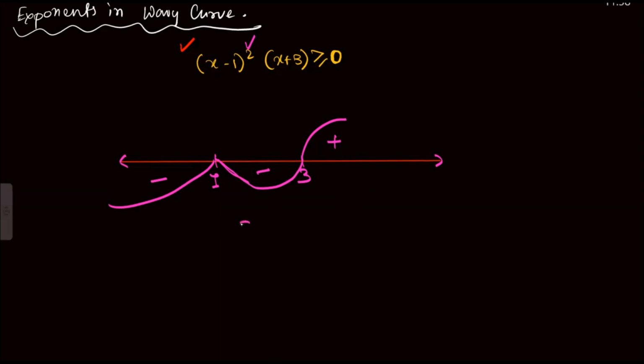Why? If x belongs to, we need greater than possibilities. First, we need to do, you had done inequalities, no? I did it all wrong.